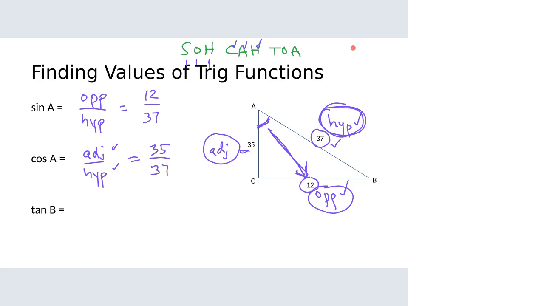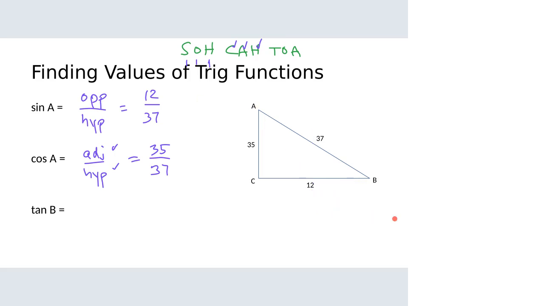Now, things get a little bit different when we look for the tangent of angle B. When we're talking about opposite, adjacent, and hypotenuse, we have to realize now we're talking about these things in relation to angle B, because now we're asked for the tangent of angle B. Well, angle B is down here.